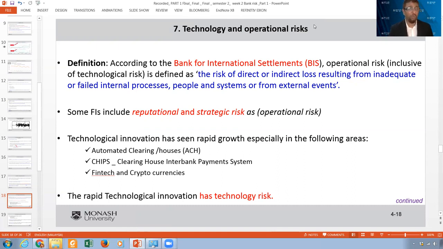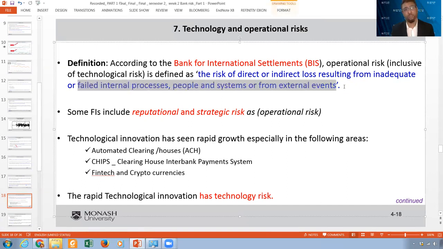So when we talk about systems related to technology, we are talking about automation and these huge systems which banks always build to compete. The Bank for International Settlements has defined technology and operational risk as the risk related to the failure of internal processes, people or systems, or from external events.